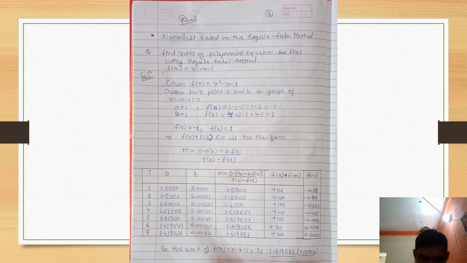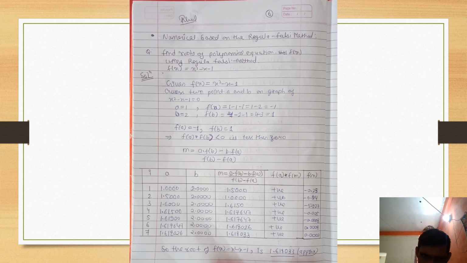Similarly, in the third iteration, the value of a is 1.600 and b is 2.00. And the value of m computed as per the formula is 1.6150, and the product of f of a into f of m is again positive.